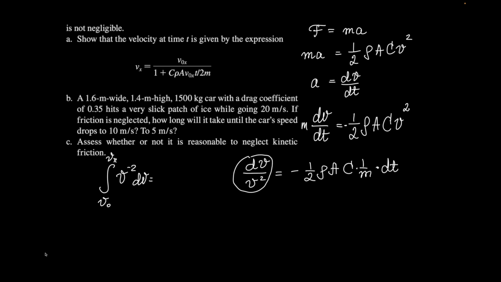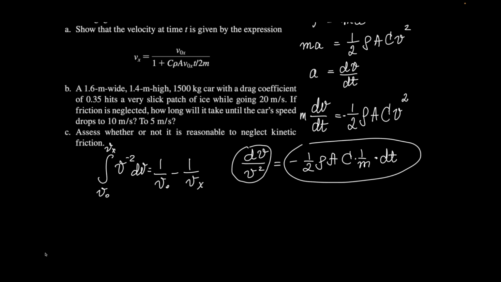I should have 1 over v0 minus 1 over vx, and that equals negative 1/2, with 2m down there, rho A C times t on the right. That's your first expression, because you are integrating from 0 to t.